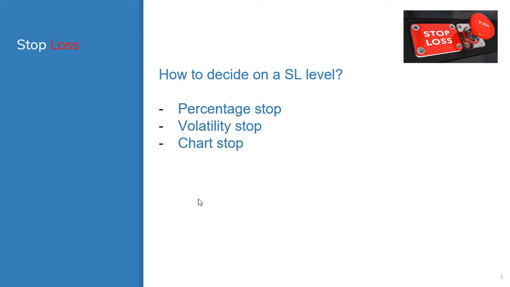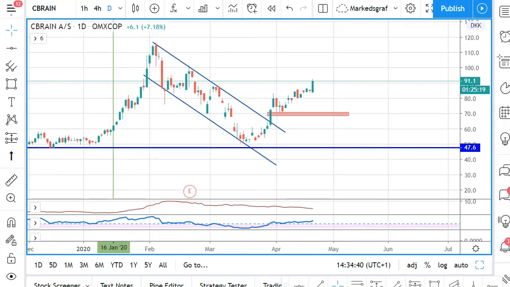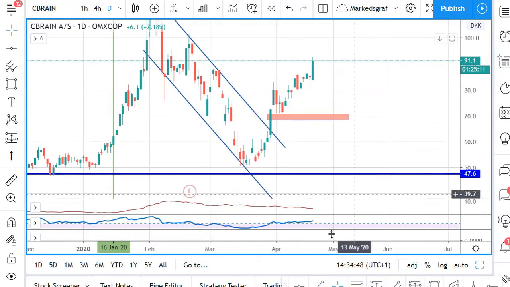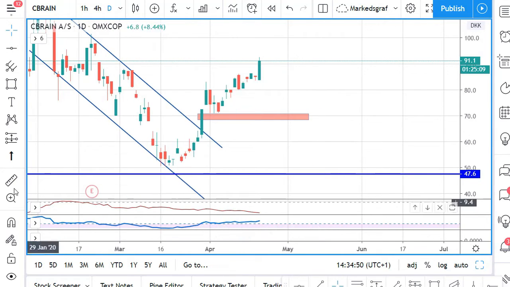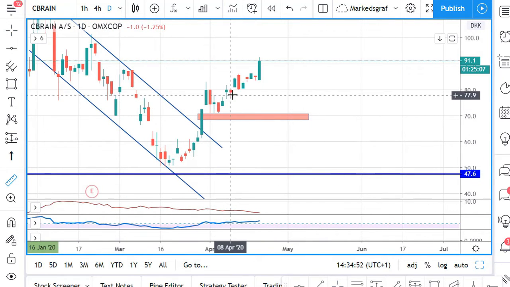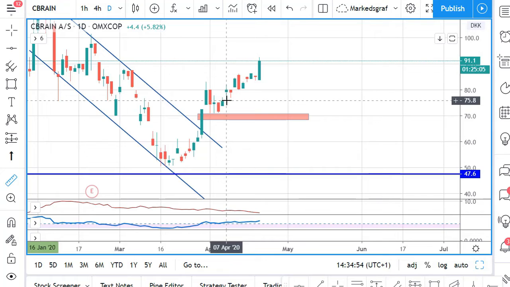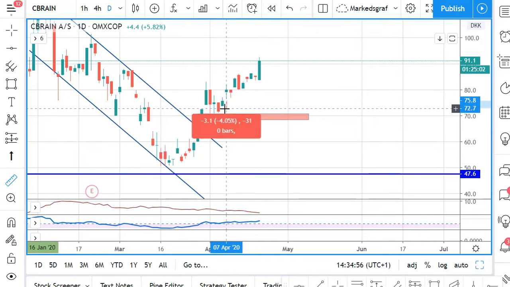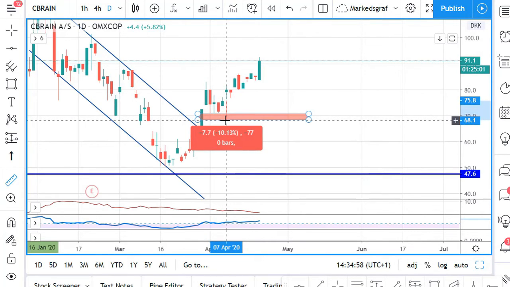But let's just say the percentage stop is something that some people, if for instance they buy here at 75, let's say that, then they take a fixed percentage. Let's say it is 10%, and you're saying I'm buying at 75 here. Then they are putting their stop loss at 10% right here.